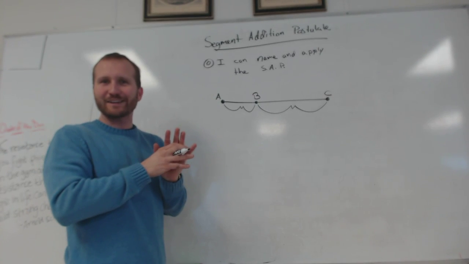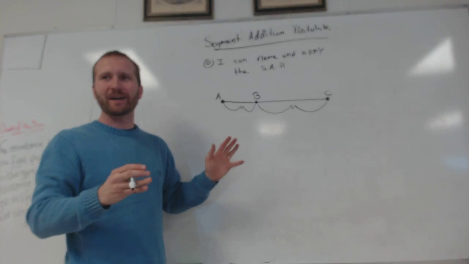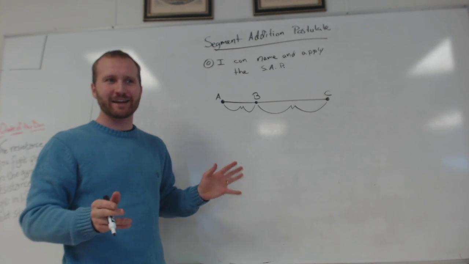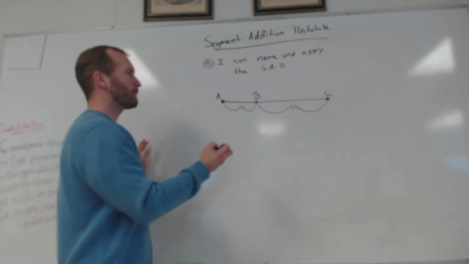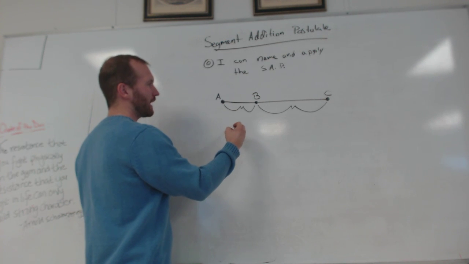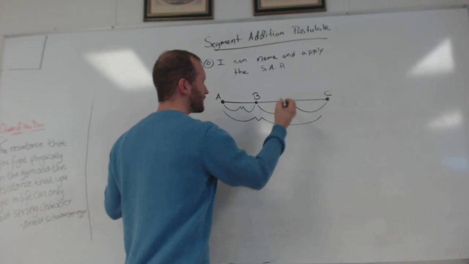So that sounds like a totally wacko way of saying something that's probably completely obvious to you, right? But I want to show you how we could write that in geometry. So this plus this equals this.